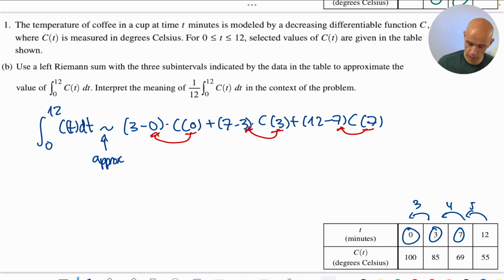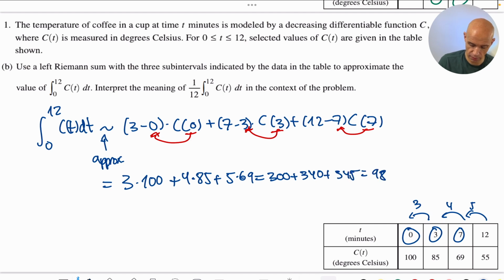If you plug in the values that you find here, this is 3 times 100, plus 4 times 85, plus 5 times 69. This is 300 plus 340 plus 345, which is 985. Of course, you can use a calculator, but that's it.